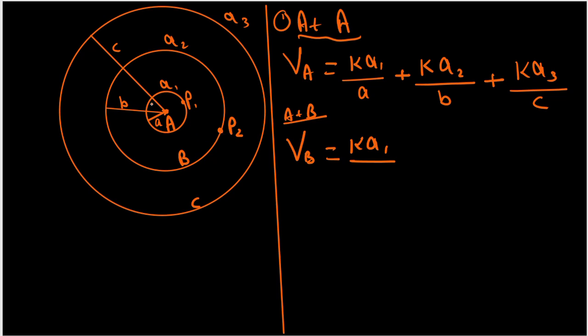If P2 were inside cell A we would take the radius of A, but it is outside cell A, so we have to take the distance of P2 from the center, which is B. Plus, for cell B, the point lies on its surface, so it will be K Q2 by B, and plus for C, it is inside, so it remains the same, K Q3 divided by C, just like the first one.